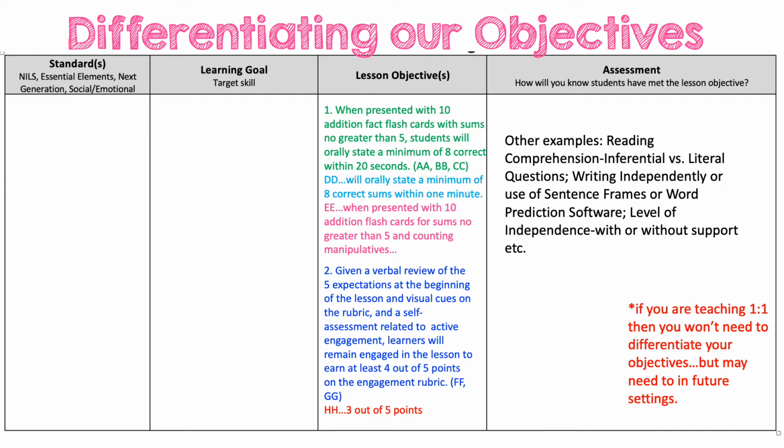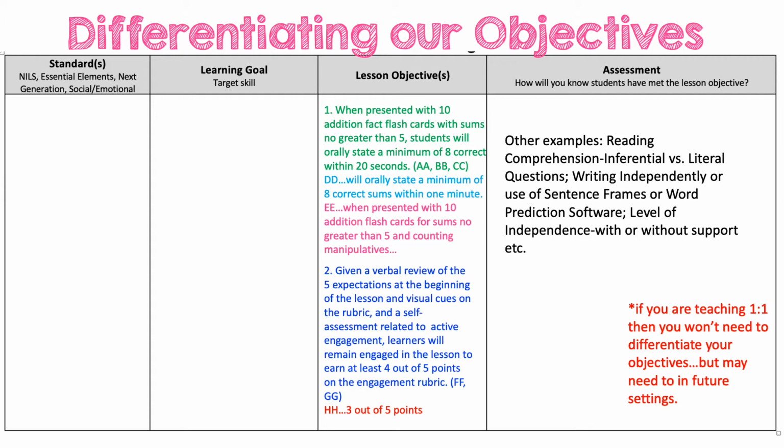The example we shared was a math example, but other examples could include reading comprehension. For example, some of your learners might be working on inferential questioning, but some might be working on literal questions. If you were working on writing, would they be doing that independently or using some sort of sentence frame or word prediction software?